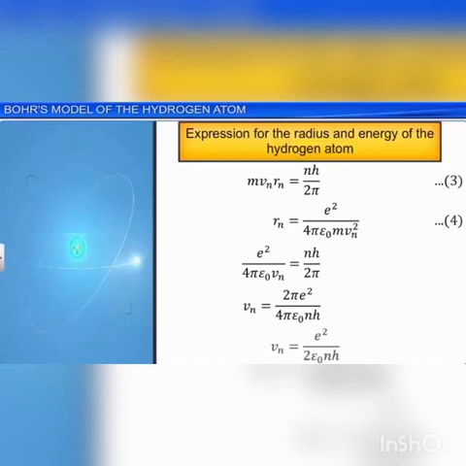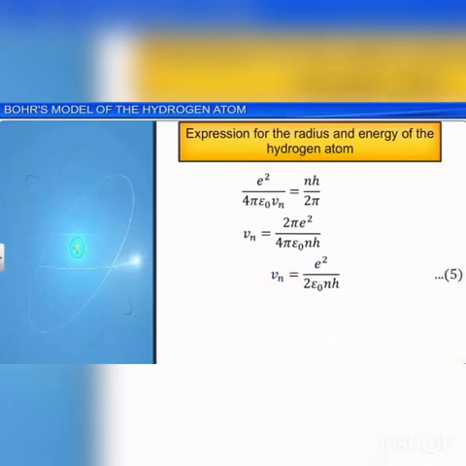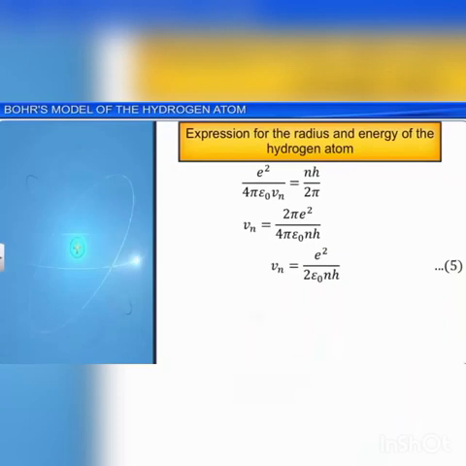Let this be equation 5. Substituting equation 5 in 3 and simplifying, we get Rn is equal to epsilon naught n square h square by pi m e square. Let this be equation 6.